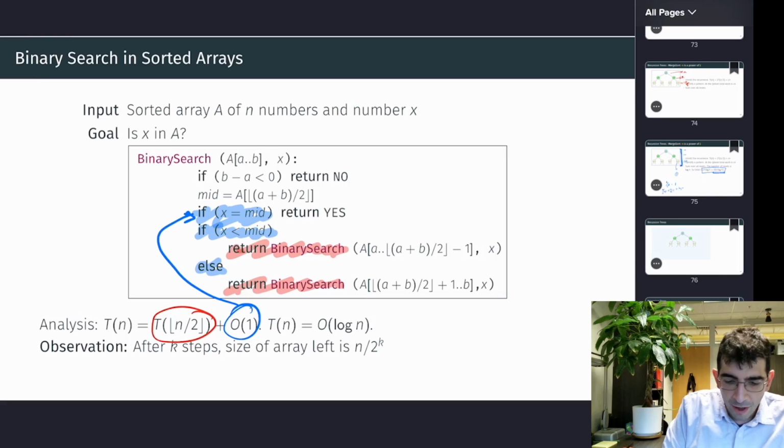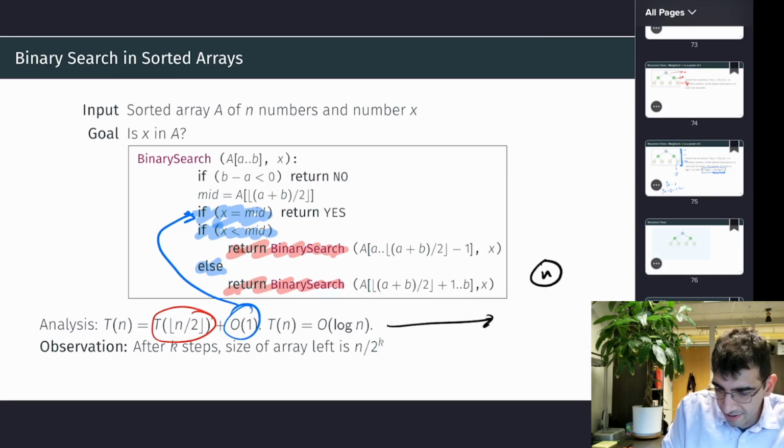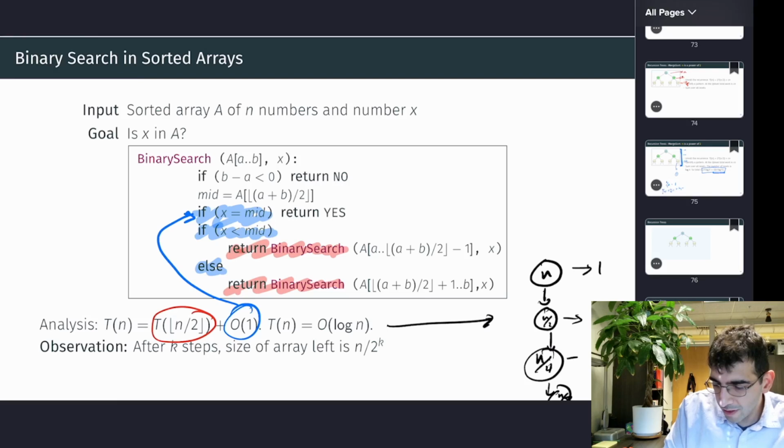Okay, so what does the recursion tree of this recurrence look like? Well, we got something that takes n, and then it goes to n over 2, then n over 4, then the input is n over 8. But what we know is that at each level, there's one work, there's one work, there's one work, and there are log n levels.